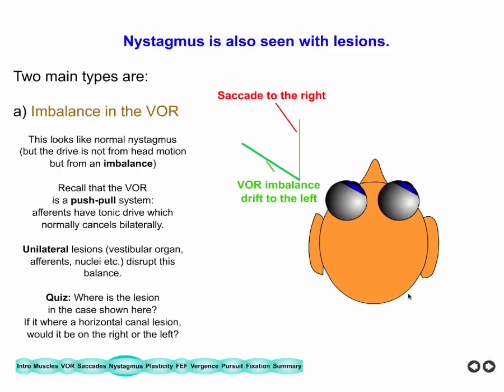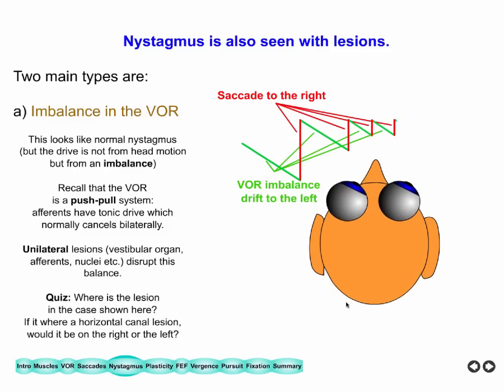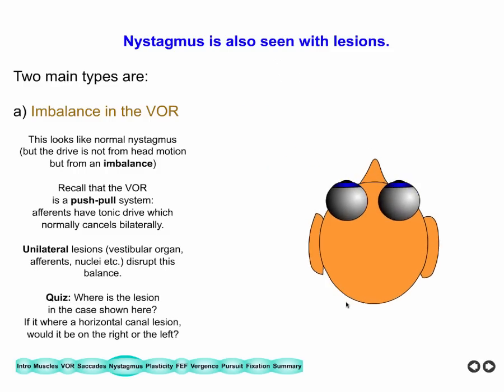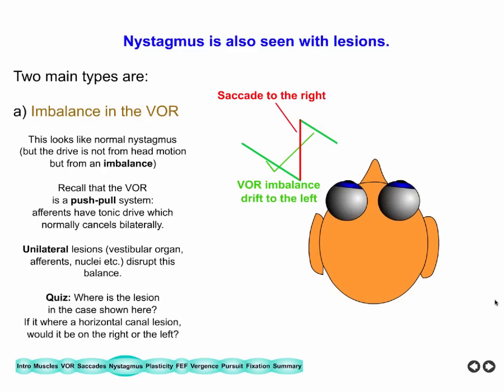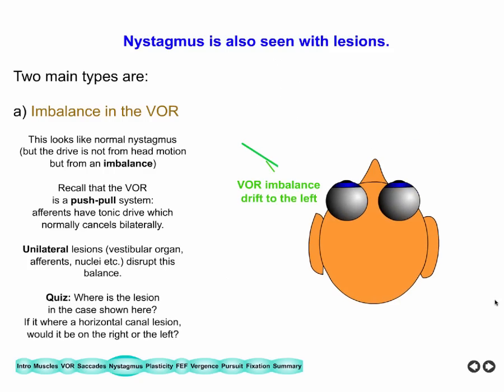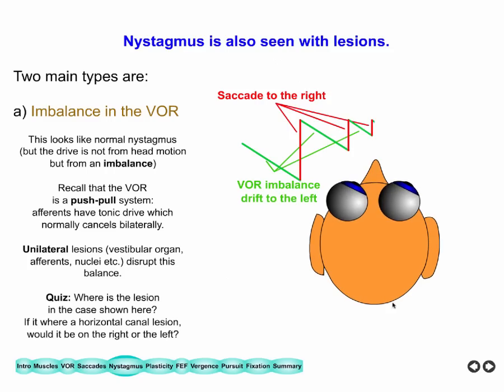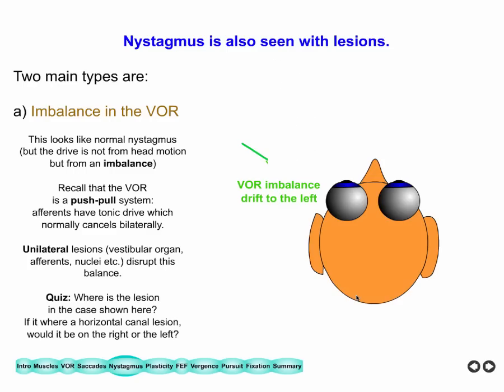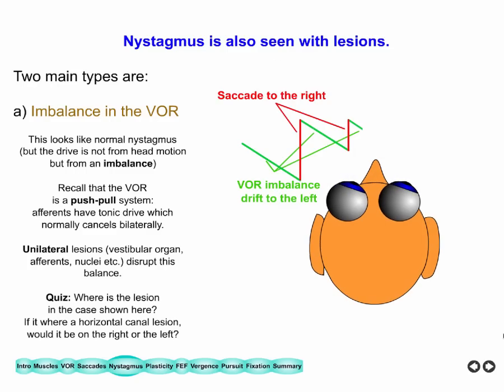So the afferent from one side interacts with the afferent on the other side. Well, the question here is, where is the lesion? It's in your vestibular system, probably, because that's probably what's causing the same thing that's produced when you're turning your head. But in this case, the head isn't turning. So what's producing the same eye movement? Yes?